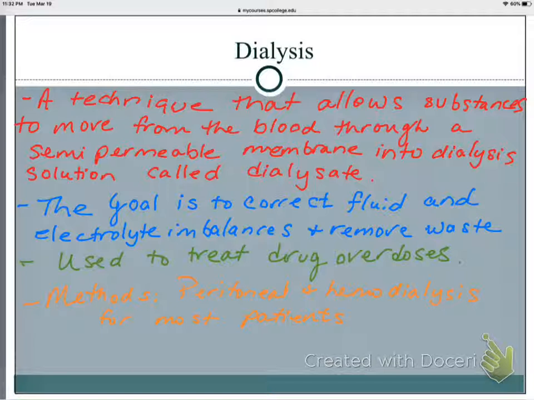It's used to correct fluid and electrolyte imbalances, remove waste products in kidney failure, and it can be used to treat drug overdoses. There are two methods. We talked about peritoneal generally and hemodialysis generally. There's also CRRT, that's not as commonly used, but for your more critical care patient, we'll be talking about that.